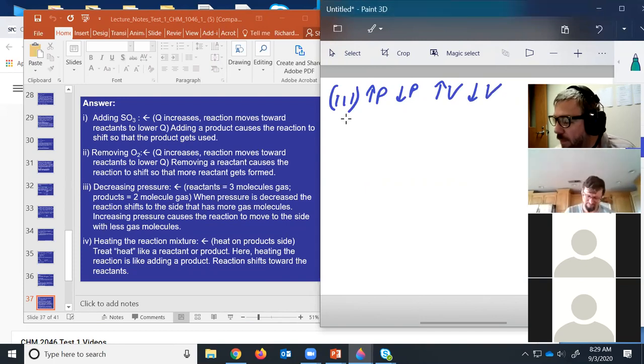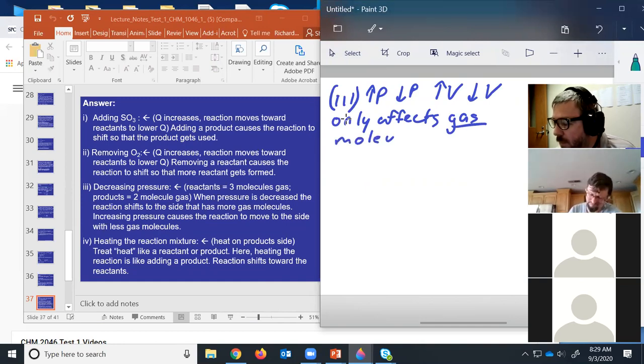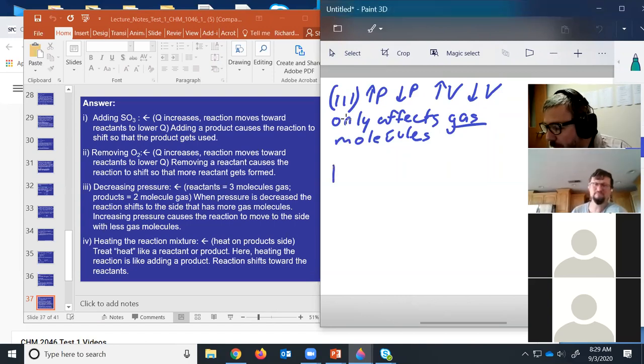Now, this only affects gas molecules. And that's important. Changes to pressure and volume won't affect pure liquids or solids. It'll only affect gases. So let's look at what I'm talking about there.